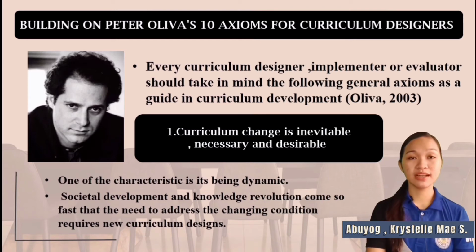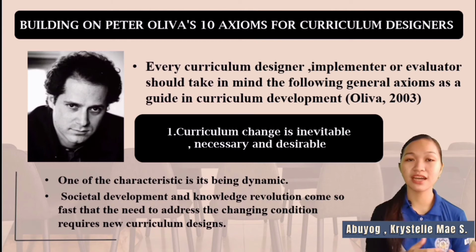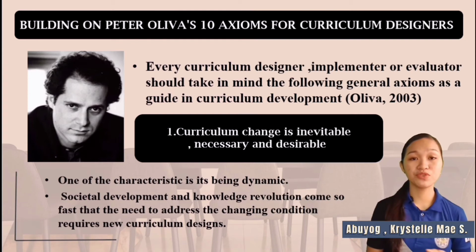Societal development and knowledge revolution come so fast that the need to address the changing conditions requires a new curriculum design, as well as in our society. For example, in technology and society, the cellphone became high-tech and improved, which means through change it develops and improves. So curriculum needs improvements.